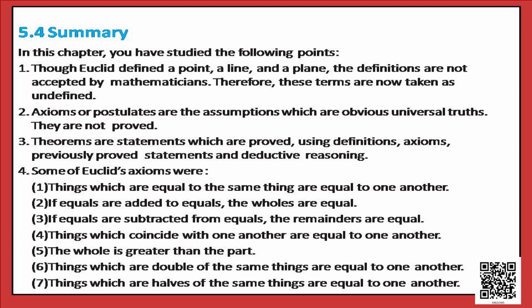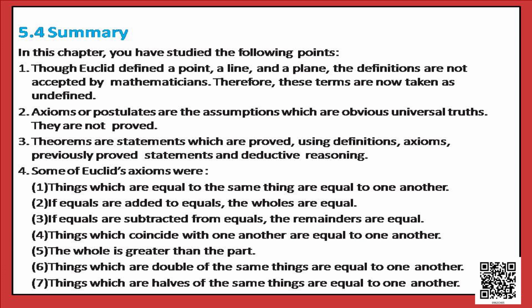Fourth, some of Euclid's axioms were: things which are equal to the same thing are equal to one another. If equals are added to equals, the wholes are equal. If equals are subtracted from equals, the remainders are equal. Things which coincide with one another are equal to one another.